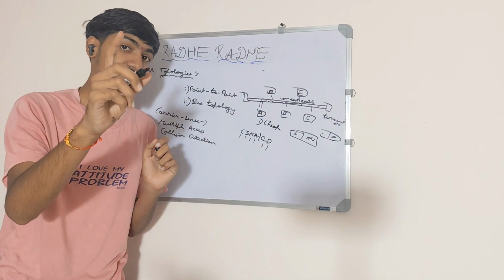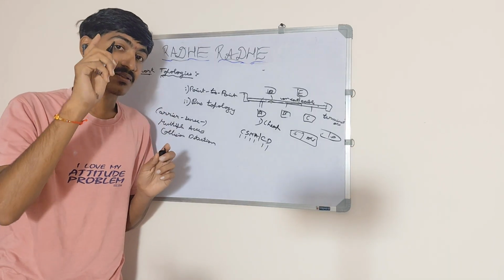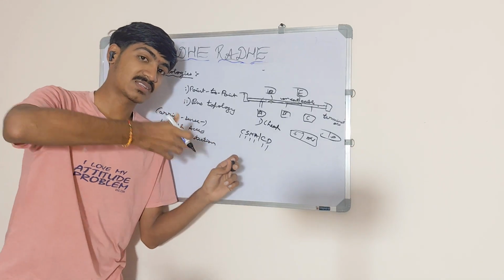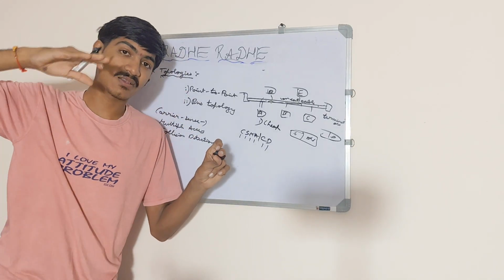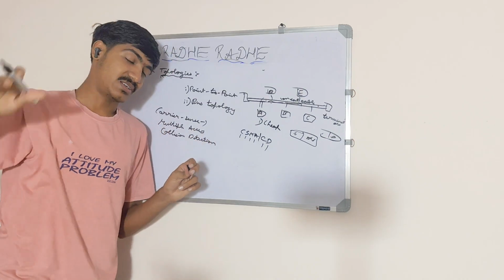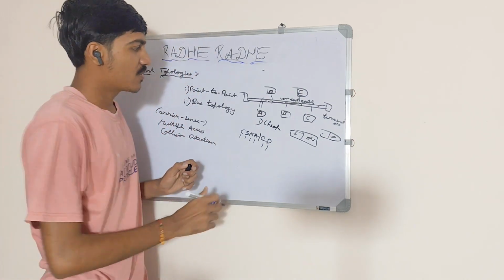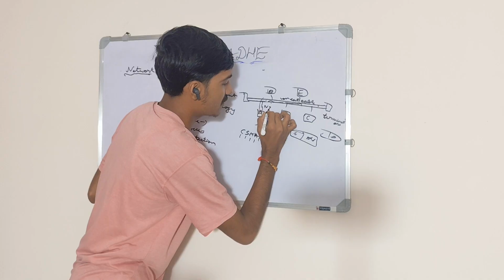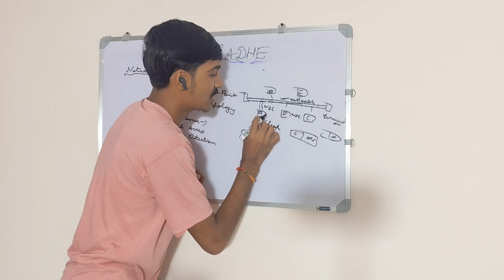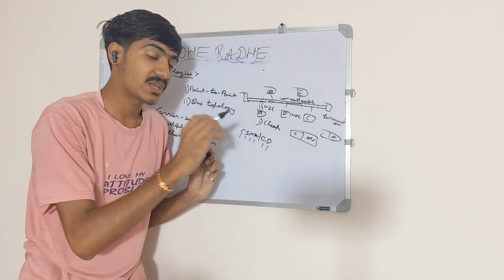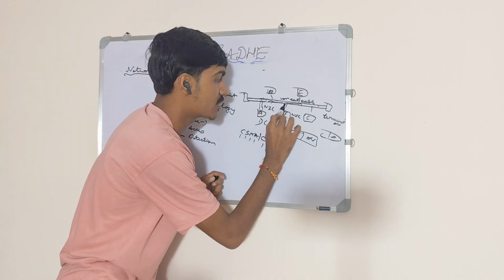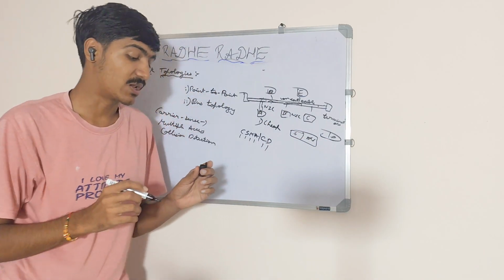I explained about the NIC, the network interface card. That is responsible for taking the bits, converting them into signals and sending them out to Ethernet. Now, every NIC present in a device has the ability to sense this line, to sense this cable.